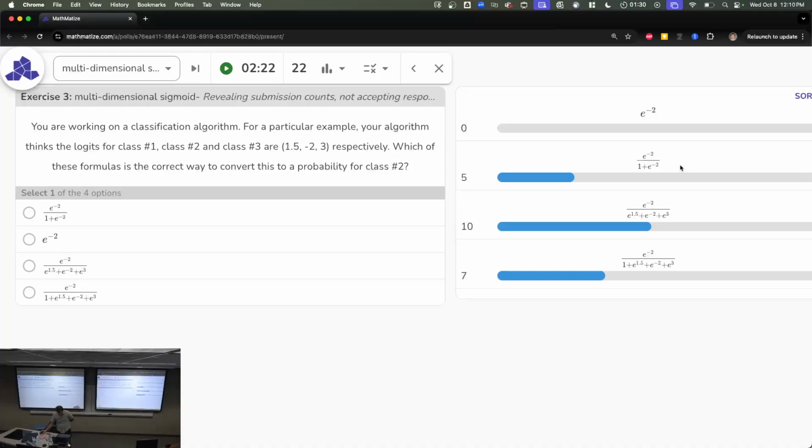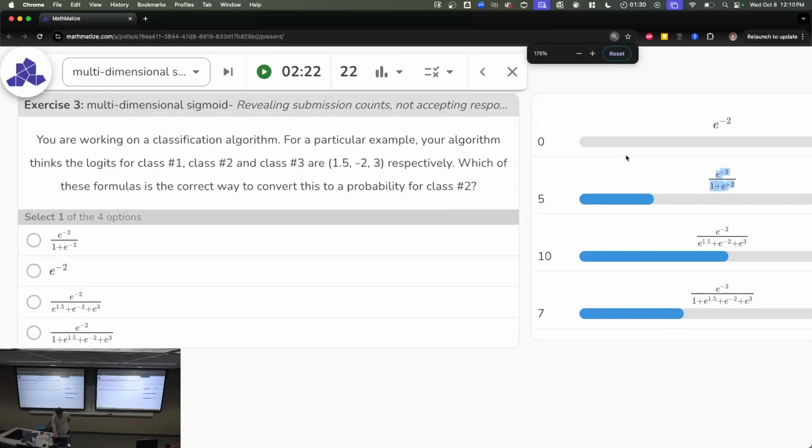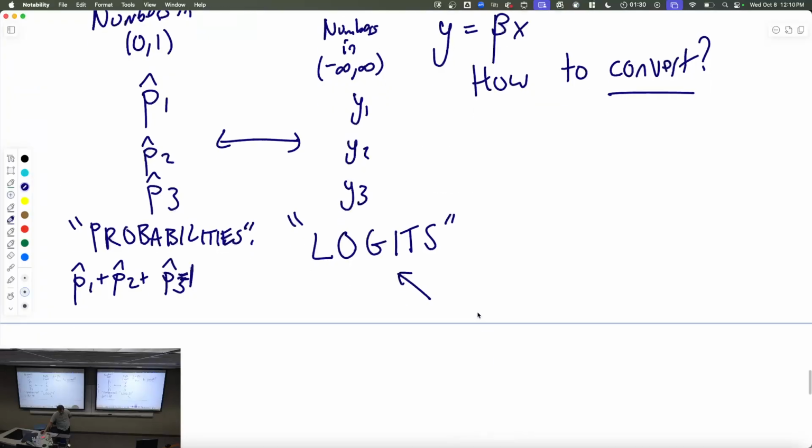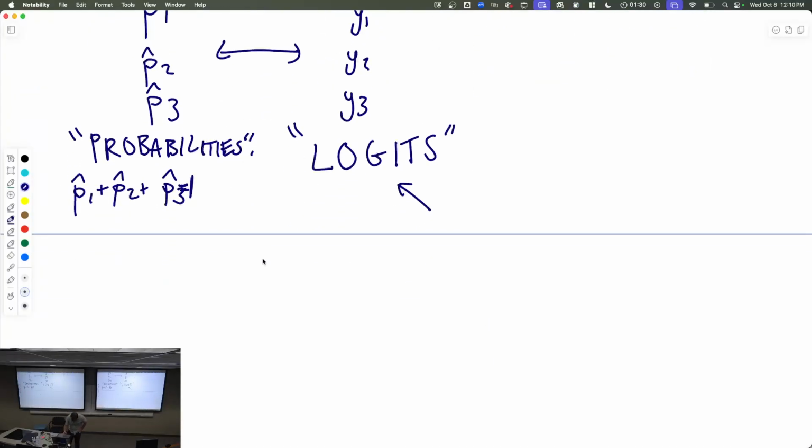Okay. So 5 people were sort of like, oh, you just take the ordinary sigmoid. So you do e to the minus 2 divided by 1 plus e to the minus 2. And if you did that, with the numbers 1.5, minus 2, and 3, these are my y's, and then this would be converted to my p's.